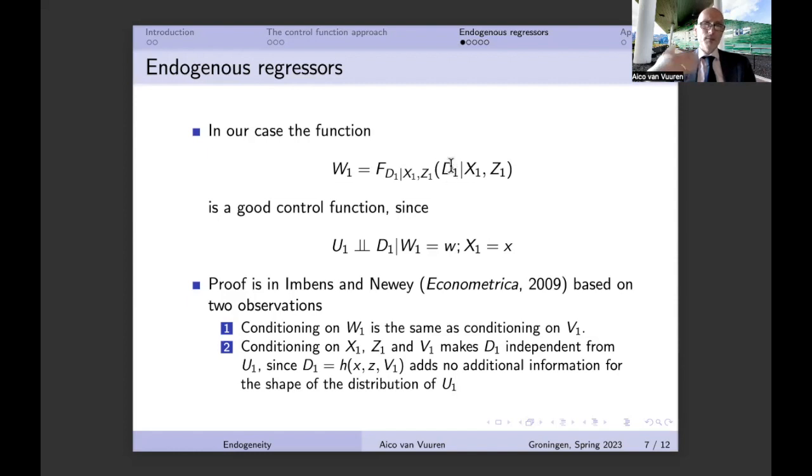So for example, if we again look at schooling and education, then a W1 exactly equal to 0.5 means that 50% of the individuals that are exactly identical to that particular individual, so in terms of X1 and Z1, so in terms of the observed characteristics, have a higher level of D1, so a higher education level, and 50% have a lower level of education.